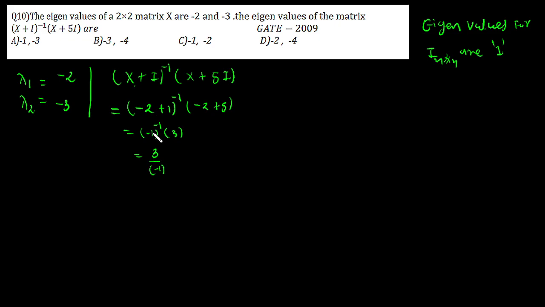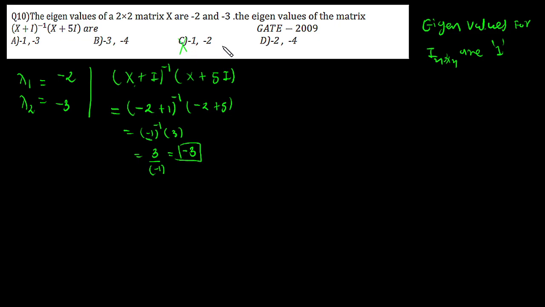Here it is no longer a matrix, so I do not need to find any matrix inverse; it is just a scalar. So I have to bring it in the denominator. So it simply gives minus 3. So one of the eigenvalues for this matrix is minus 3.